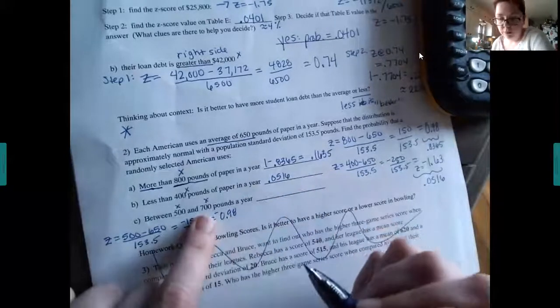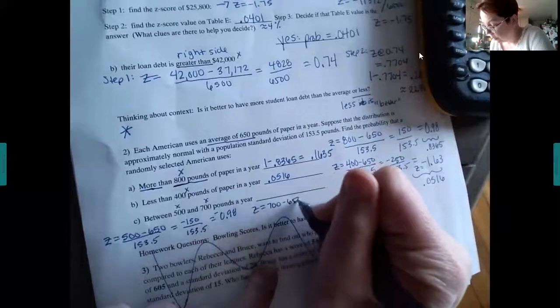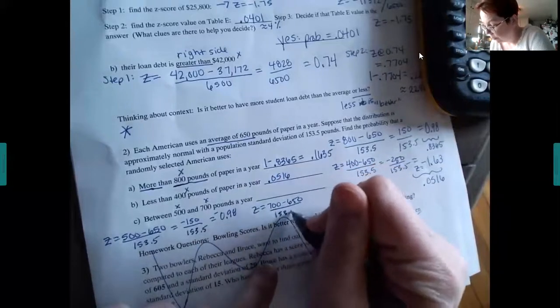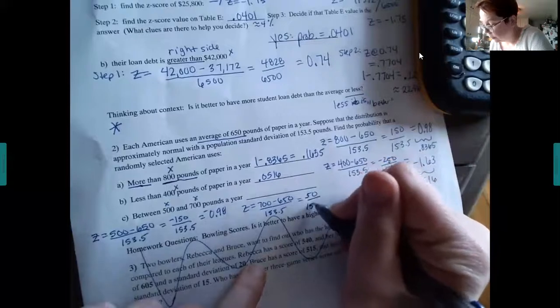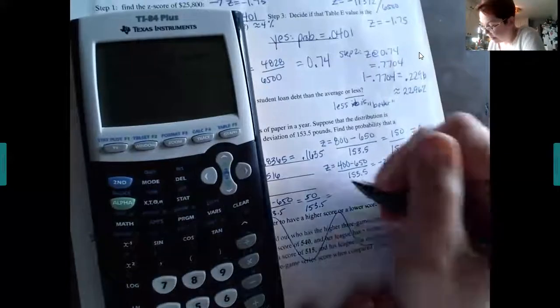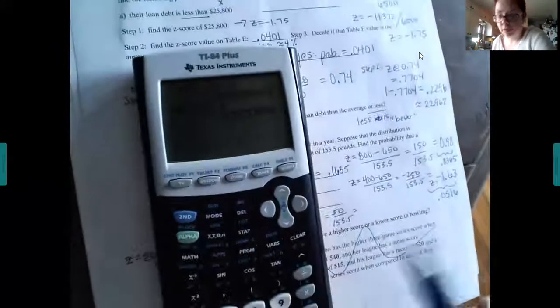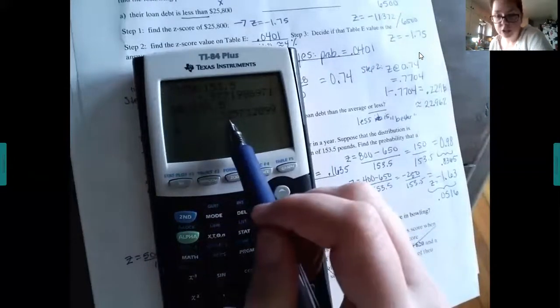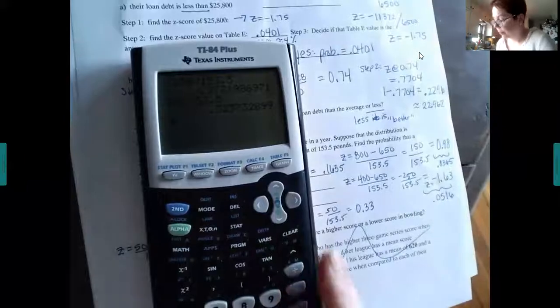And then here for 700, we find the z-score for that. And here, this 5 is big enough to change that too. So our z-score will be 0.33. Okay, now what do we do with these two?